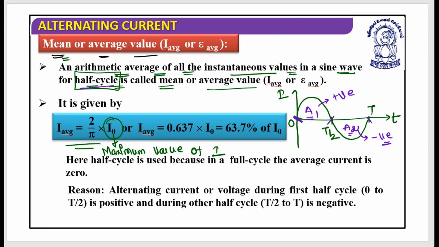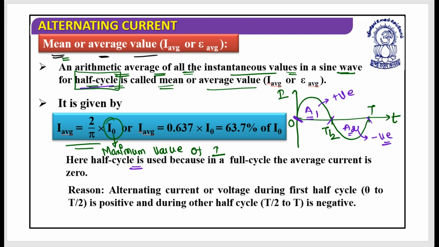So if I take an average value, it would always be 0. What I need to do is go for the mean value of half of the cycle, because this half cycle could not be 0. I hope this is clear. So we always choose a half cycle.